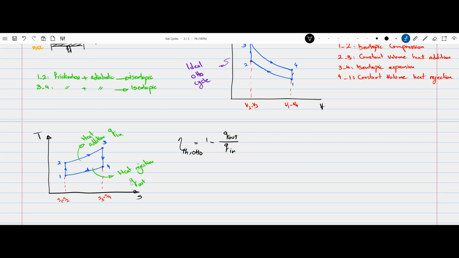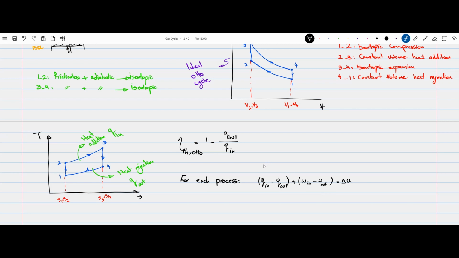For each of the processes on this diagram, we know that the first law of thermodynamics holds true. So Q in minus Q out plus work in minus work out is the change of internal energy.